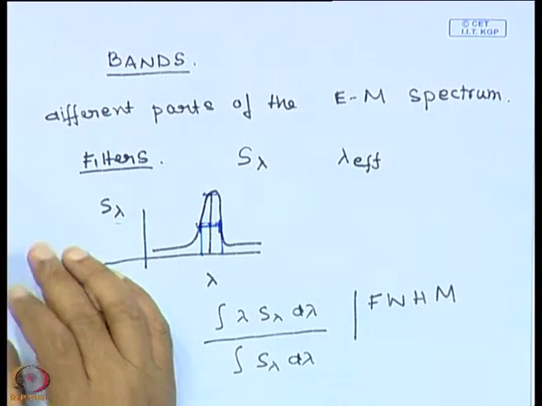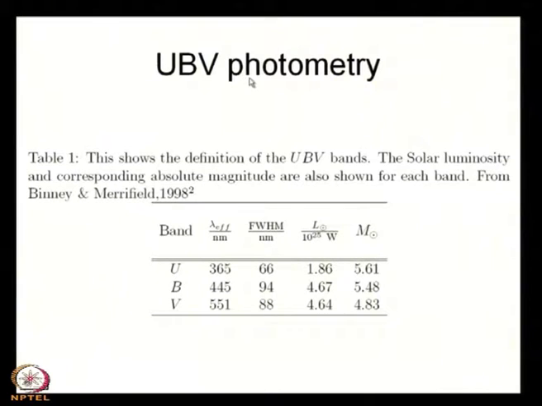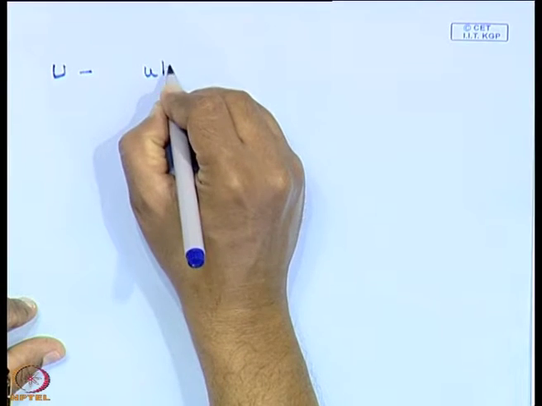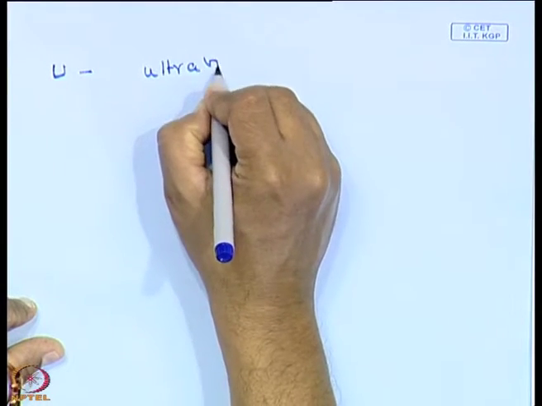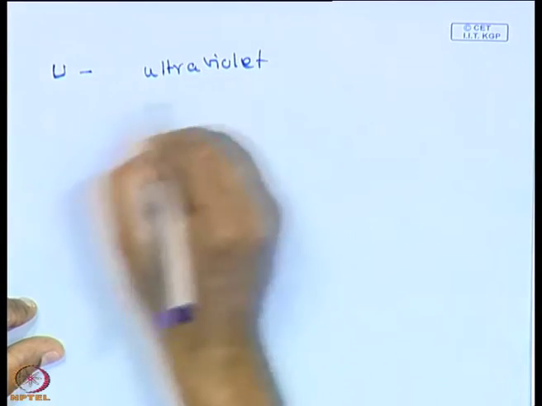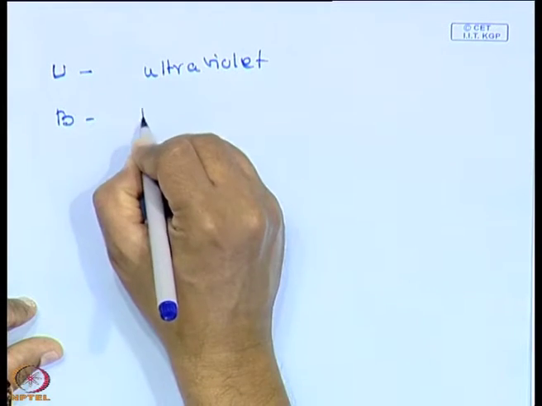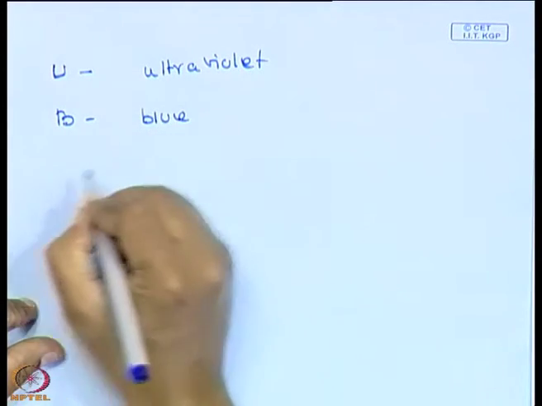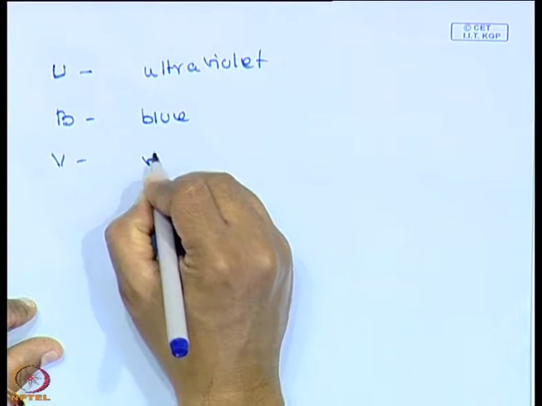It is referred to as the UBV photometry. U stands for ultraviolet. So, let me discuss this. U is ultraviolet, B is blue, and V is visible.